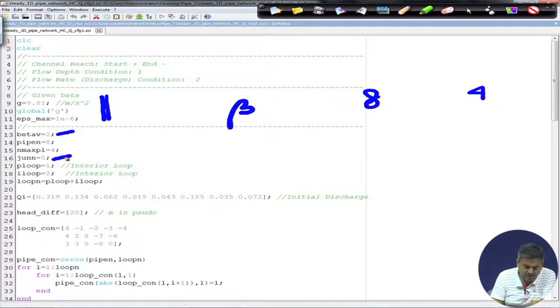Now, the junction number is 5, and P loop is for pseudo loop and I loop is for interior loop. The loop number, which is the total number of loops, is P loop plus I loop, that means the number of pseudo loops plus the number of interior or internal loops.